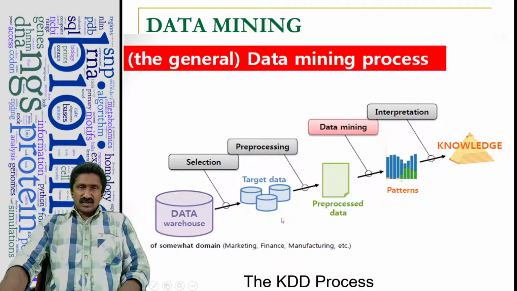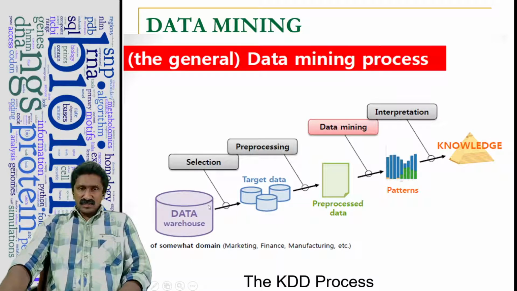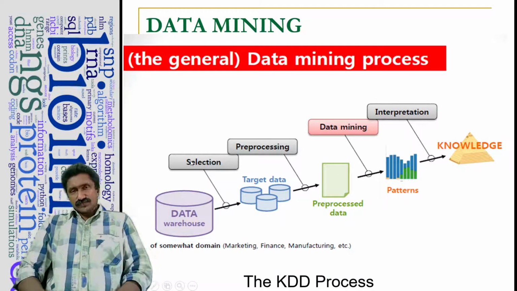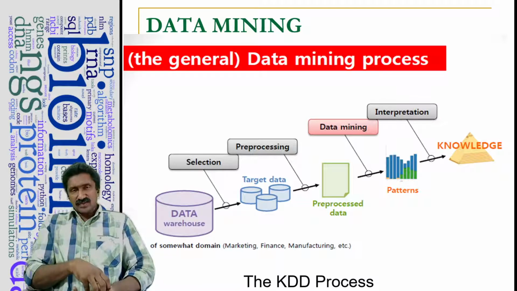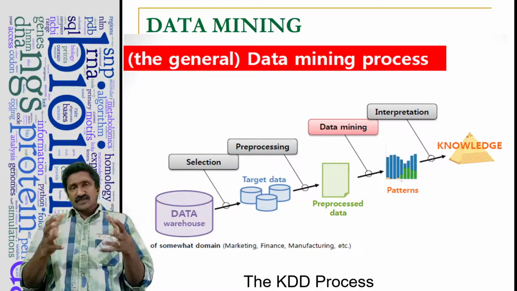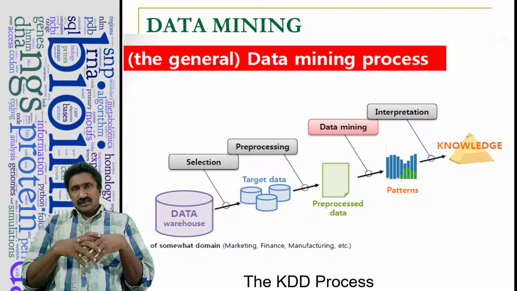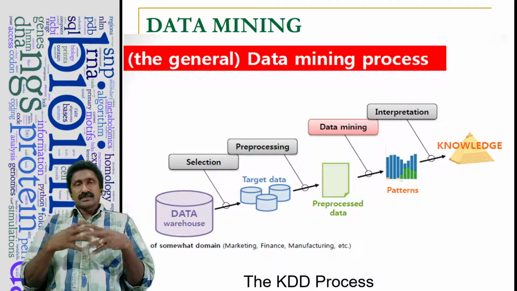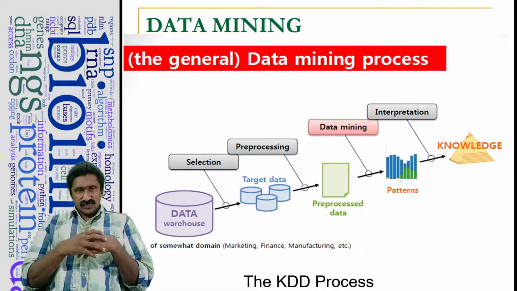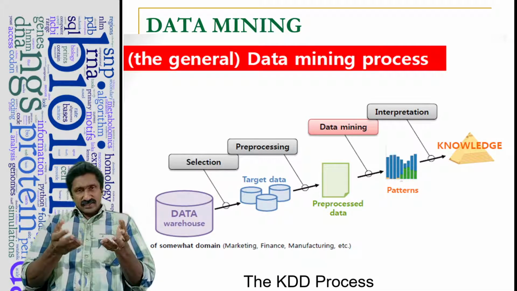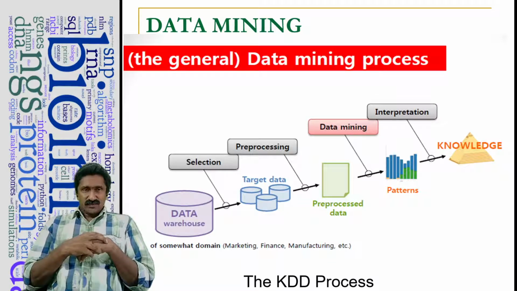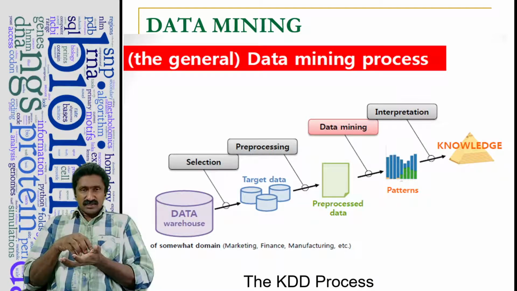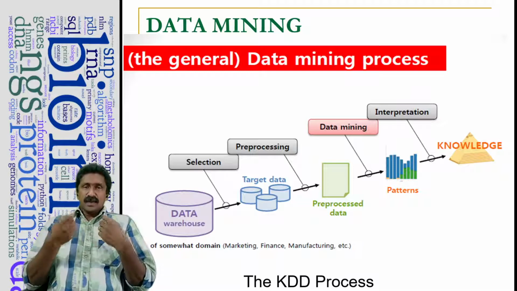The next stage is the selection process. From the database or data warehouse which stores the data, a proper set of data should be selected based on some queries. From a large pool of data, the target data needs to be selected for processing, and it needs to be pre-processed.